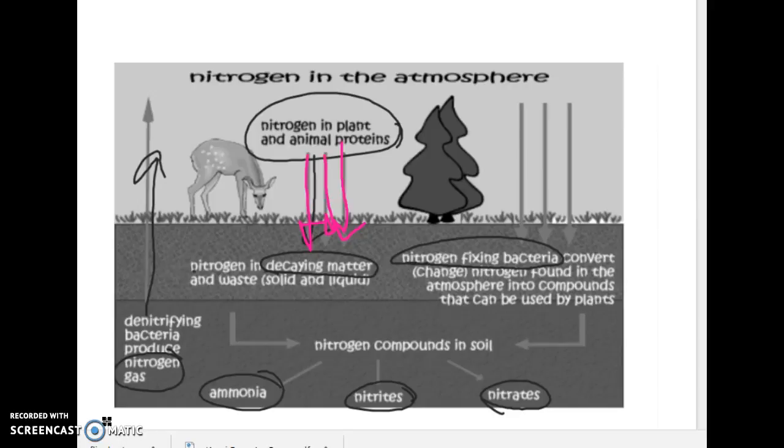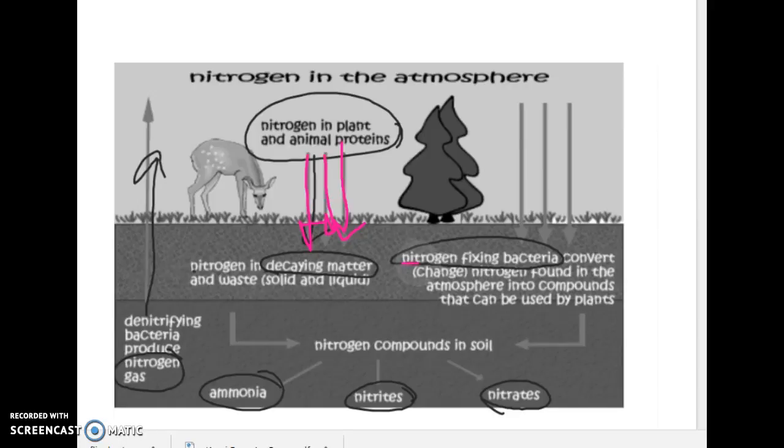It just gets converted from one form to another. So the air around us is about 68% nitrogen, but that's not really a form that animals can use. And so nitrogen is absorbed into the soil. We find nitrogen in decaying organic matter, of course, when things die. But again, that's not really a usable form.